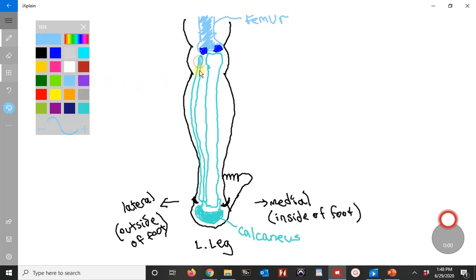So here's your fibula on the lateral side of your leg, and here's your tibia. And see how those two connect up there at the dark blue.